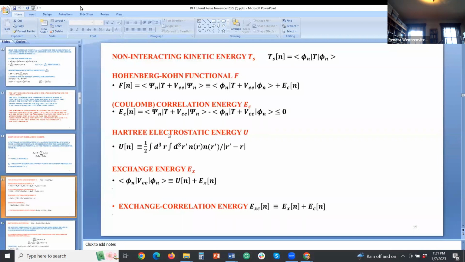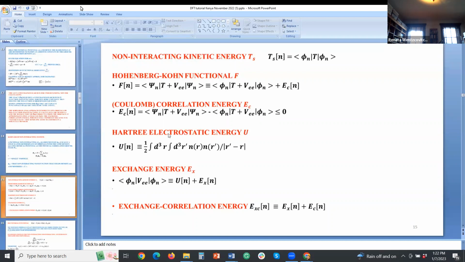So now we can define the exchange energy, EX, for density n, by starting from the expectation value of the electron-electron operator using the non-interacting wave function for density n, and setting that equal to the Hartree energy plus the exchange energy.